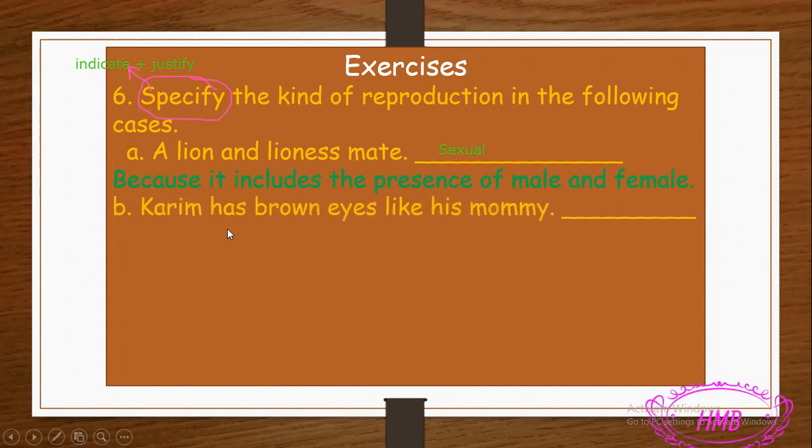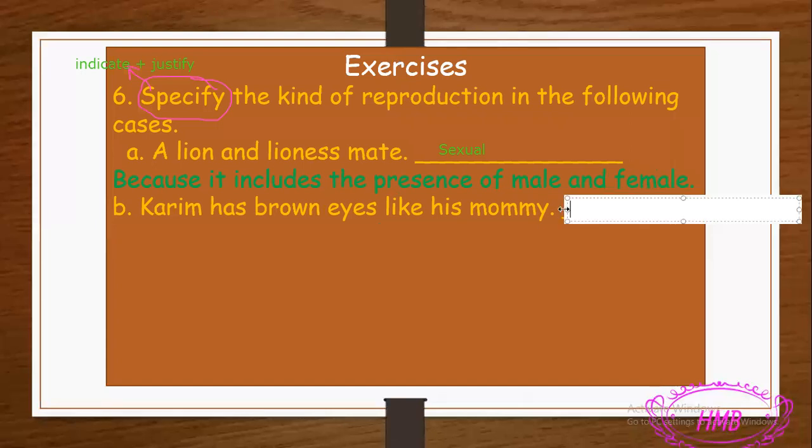The second sentence. Karim has brown eyes like his mommy. So we are talking about a new living thing that is similar to his mommy. How did I know that it's similar? Because he has brown eyes like his mommy. When the offspring, or the babies, are similar to their parents, which kind of reproduction is this?